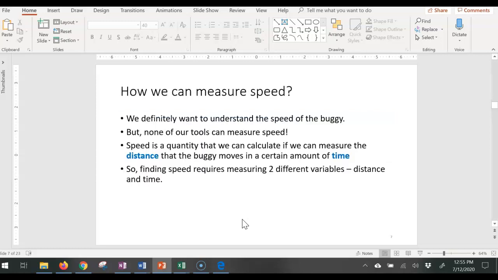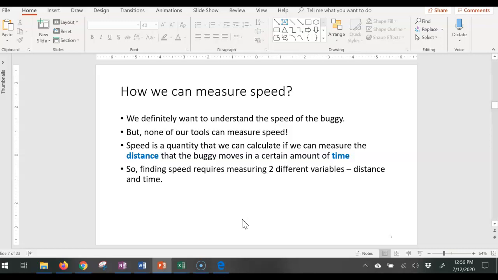Speed is a value that I could maybe calculate if I knew the distance that the buggy moved in a certain amount of time. And so really, speed is not going to be something that we can measure directly, but we may be able to calculate it if we measure the underlying things that are needed to understand speed.